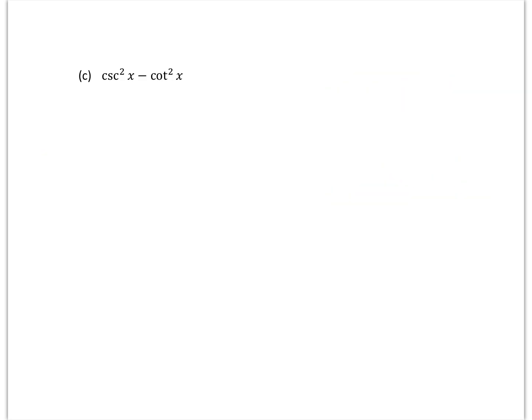And you've probably got the hint by now that this is going to be another Pythagorean identity. So I'm going to start again with sine squared plus cosine squared is 1. And this time, instead of dividing both sides by cosine squared, I'm going to divide by sine squared. Okay, so sine squared over sine squared is 1.